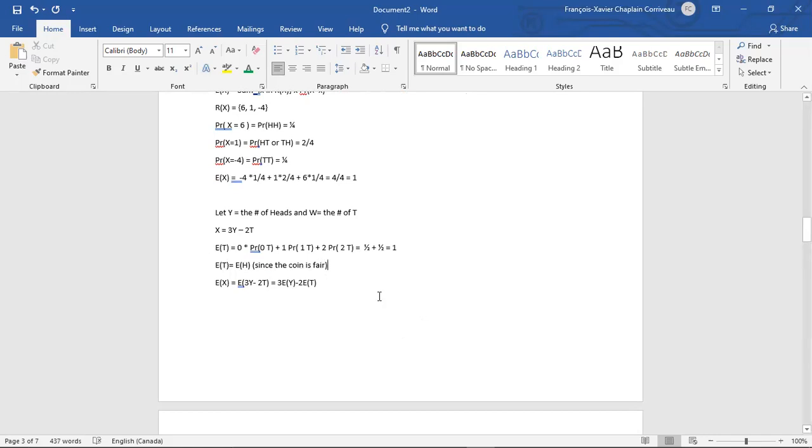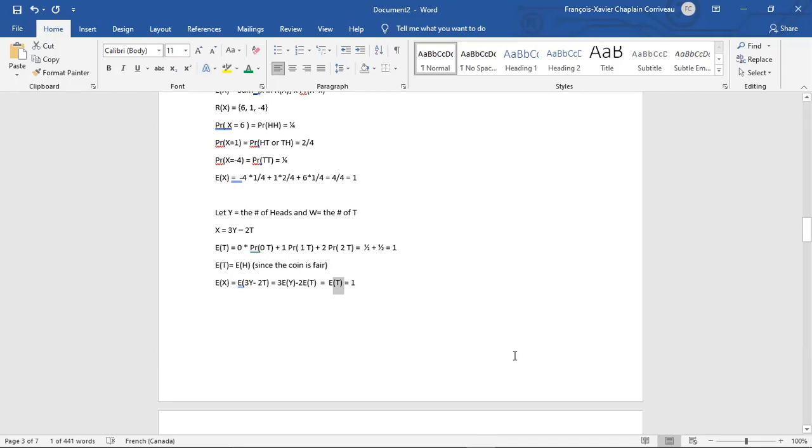So here I can just say that, actually, this is equal to 3 times the expected number of tails minus 2 times the expected number of tails, which is just the expected number of tails, which is 1. Because these two things are the same, I have 3 times the same thing minus 2 times the same thing. I'm left with 1 times one of these.